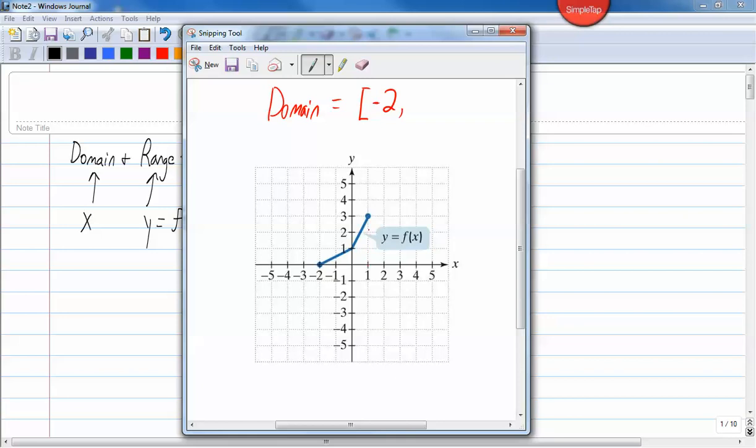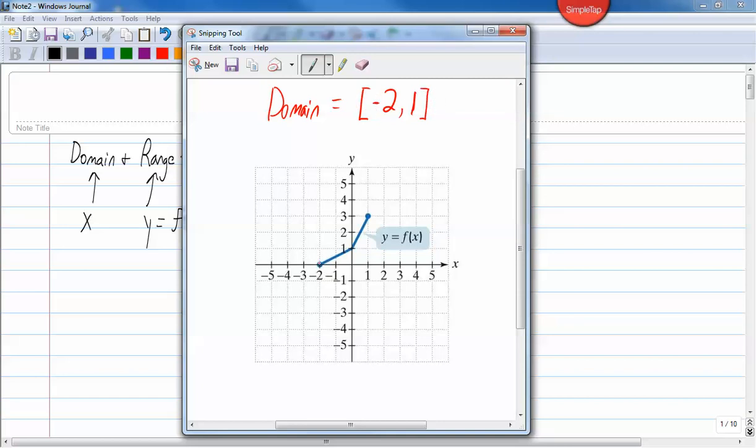And there is a shaded circle at 1. So the way that I can complete this domain, and this is interval notation that I'm using here, is I put 1 because that's the biggest number x can be, and then close bracket. A bracket on an end means that you include the number.